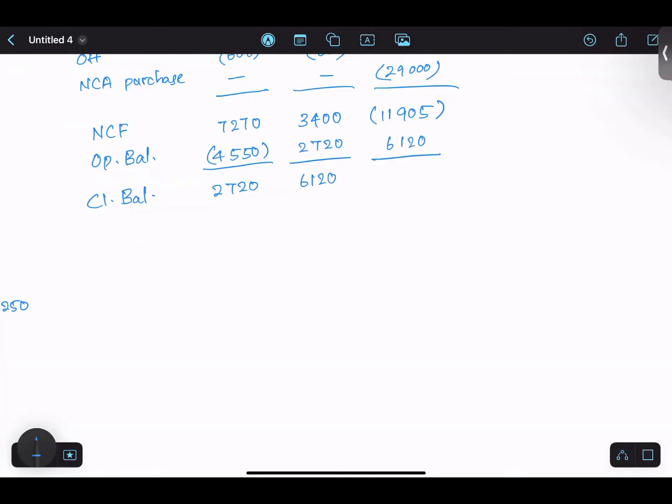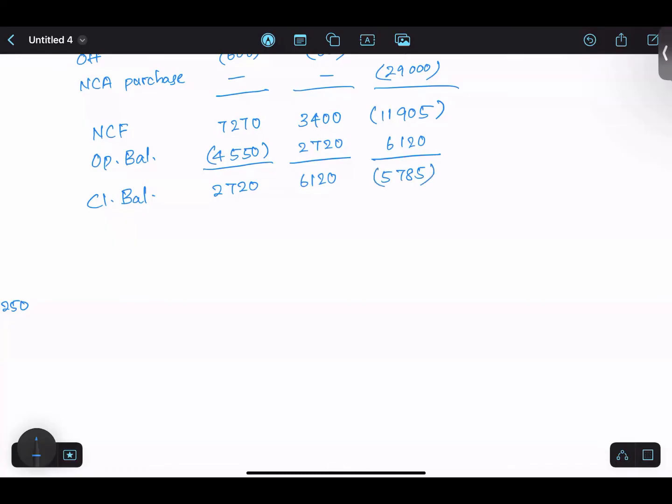So the March closing balance will be negative 11,905 plus 6,120, which is negative 5,785.